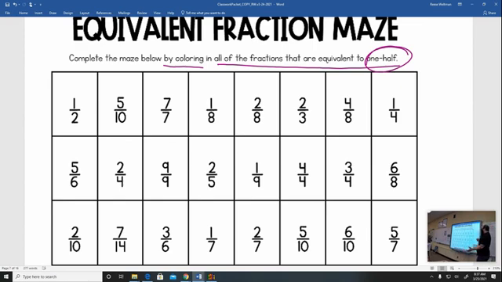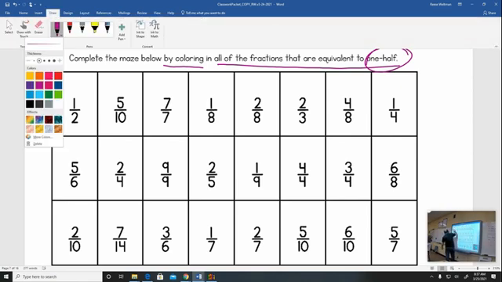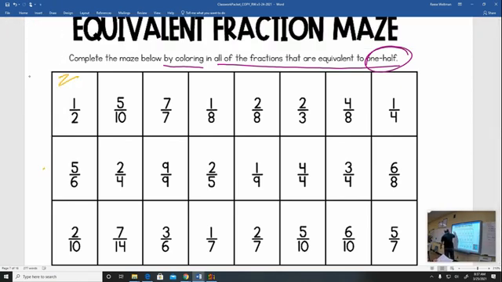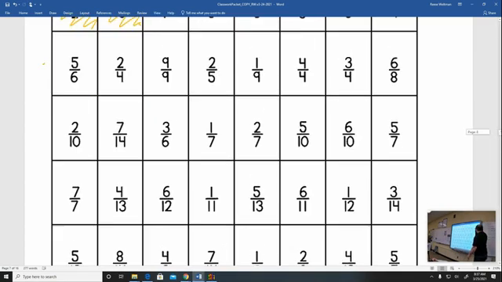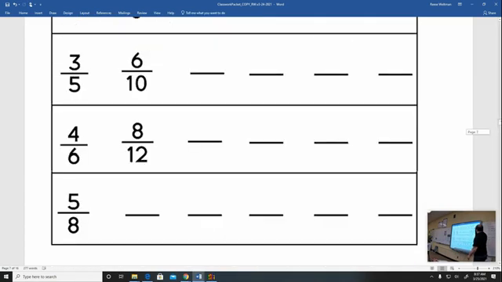And that's going to tell you if it's an equivalent fraction to 1/2. So obviously the first one that you would color in is going to be 1/2, right? And then you're going to keep going until you get to the end of the maze. I think these are going to be pretty easy for you.